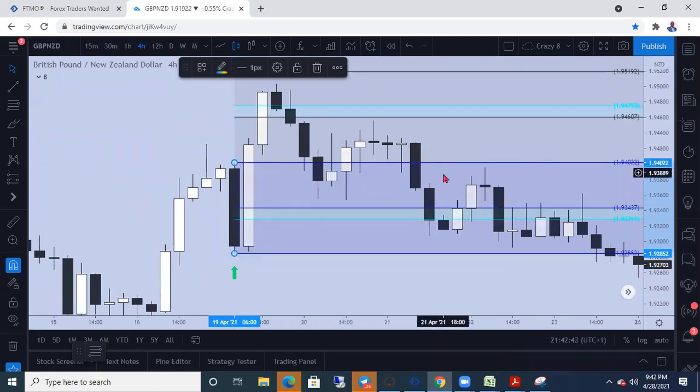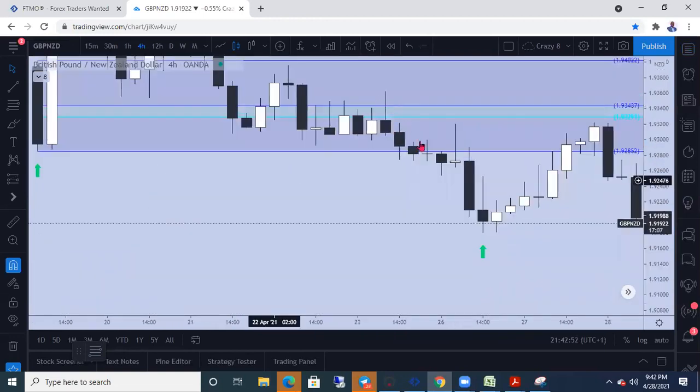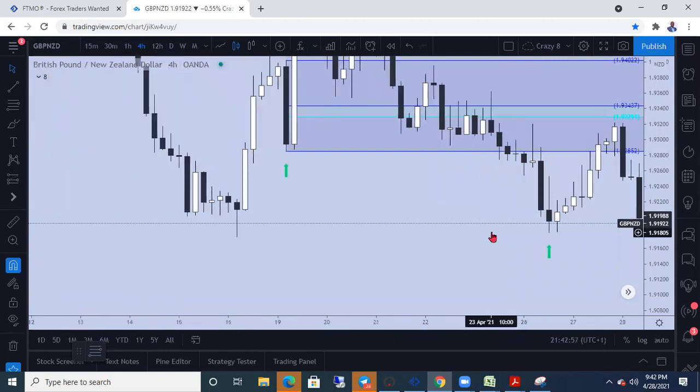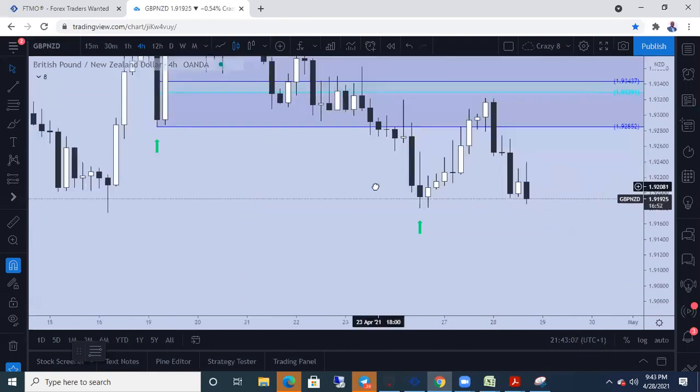So price close beneath, you'll be looking for sells. Price close above, you'll be looking for buy. Price close beneath, you'll be looking for sells, and eventually you sold off. Right? So whichever way the market takes, you will be there. You would have one or two losses along the line, but you will eventually hit the home run and make it big time.